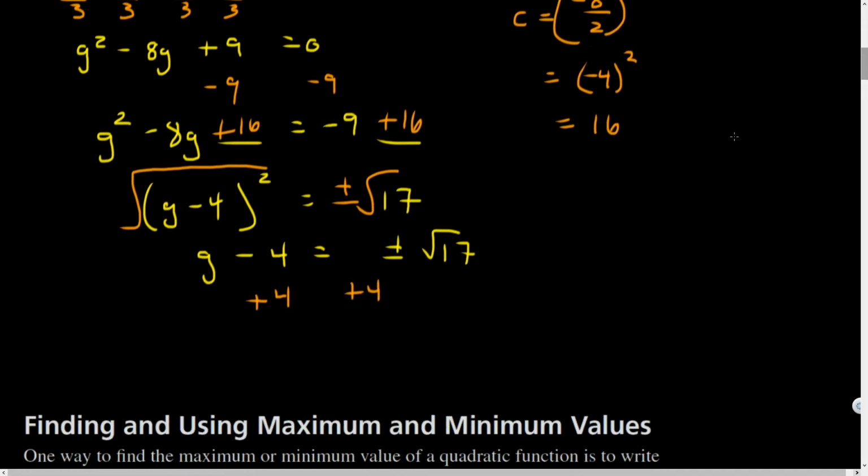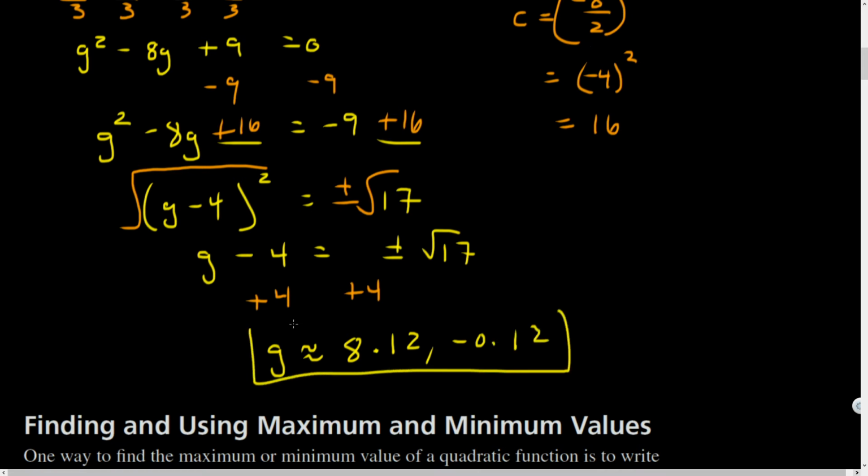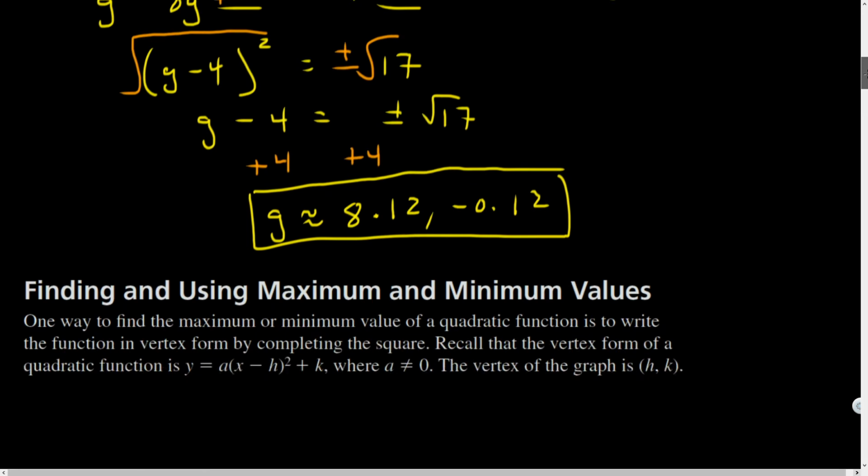And so my approximations. g is approximately, whoa, you're clunking my calculator. 4 plus the square root of 17 is 8.12, and 4 minus the square root of 17 is negative 0.12. And so we solved this problem, which never would have been factorable. And we did great.